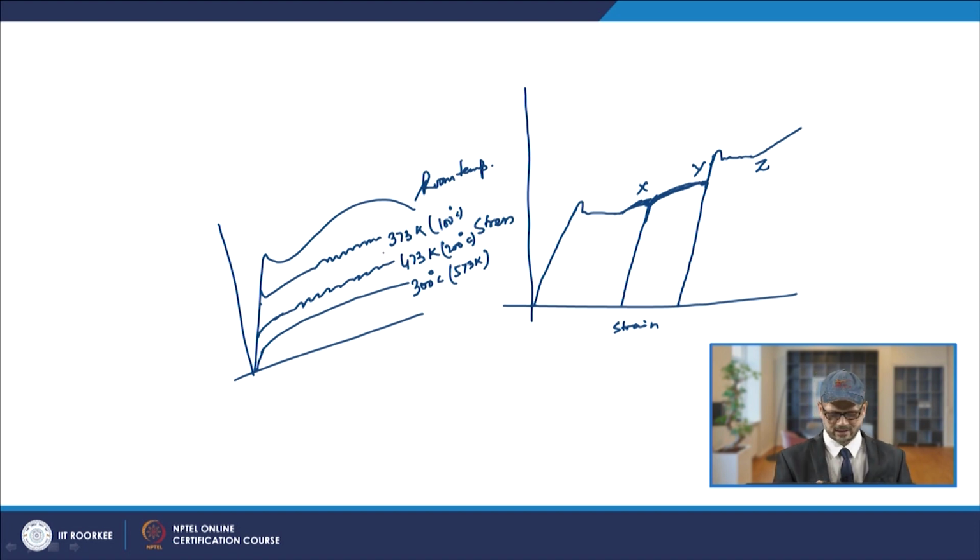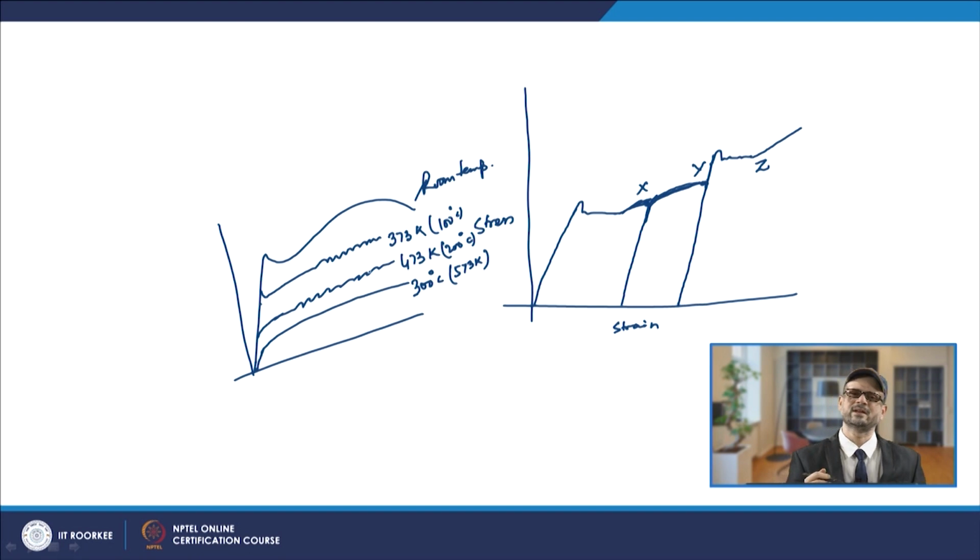Then the load has to be increased so that the dislocations are torn away from the solute atoms, and ultimately there is a load drop. That dropping and then increasing continues, and leads to the formation of these serrations. That is not desirable, in fact.